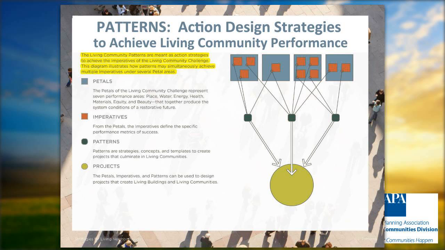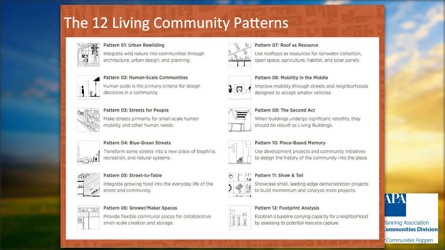We saw this slide earlier, but I think it's important to quickly go through some of the key patterns here. We've got urban rewilding, human scale communities, streets for people, blue-green streets, streets to table, grower maker spaces, roof as a resource, mobility in the middle, second act, place-based memory, show and tell, and footprint analysis.